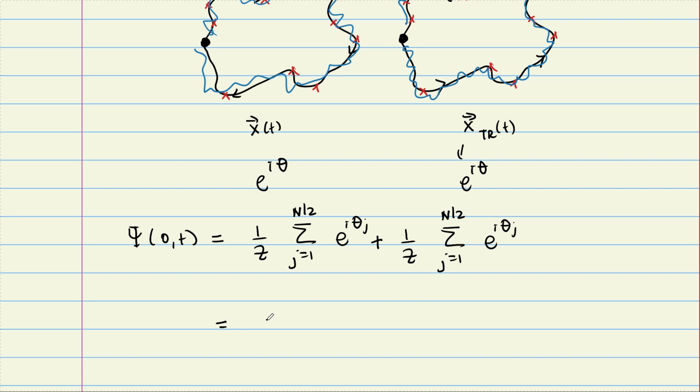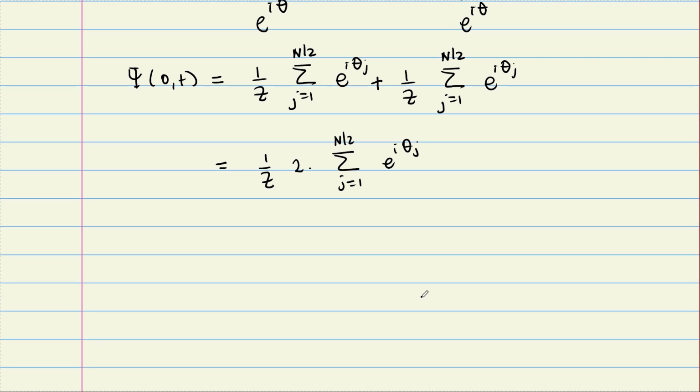And this is going to give me 1 over z times 2 times the sum over j equal to 1 to n over 2 of e to the i theta_j. So this is the important factor of 2 that will make all the difference. For this thing, a factor of 2 enhancement to return to origin.